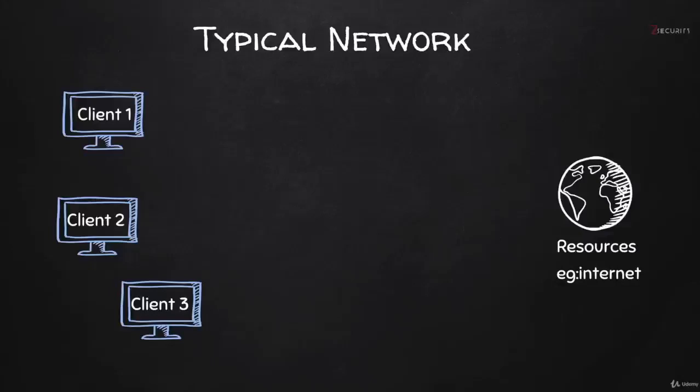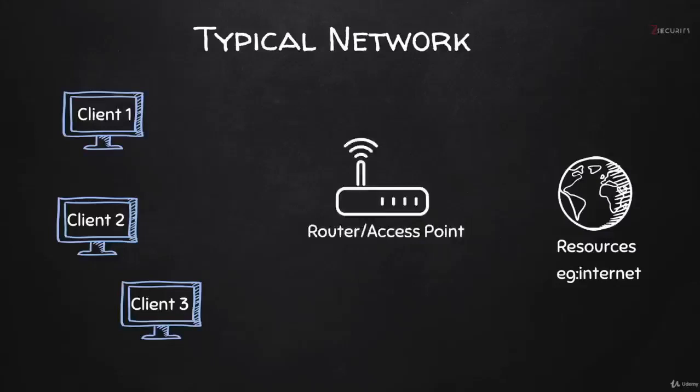Now, all networks, whether Wi-Fi or wired, work on the same principle. They have a device that is considered a server. In many cases, for example in your home network, this server is your router. This is also referred to as an access point.